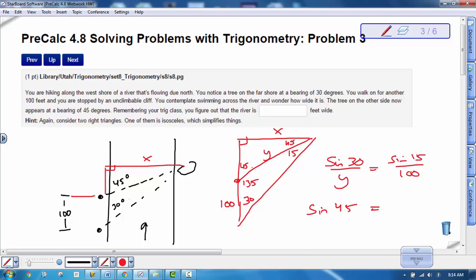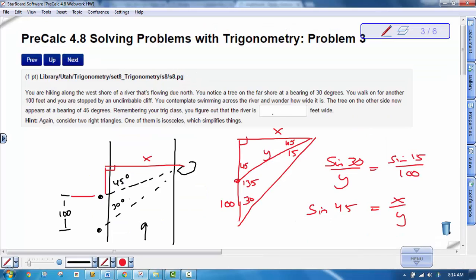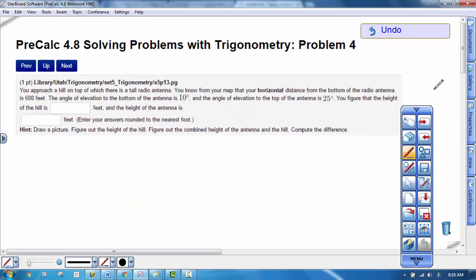So sine of 45 equals opposite X over hypotenuse Y, which I'll now have. So that's how I found X, which is the distance across. I ended up getting 136.6, but your numbers might be different.